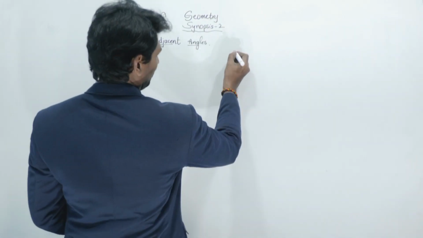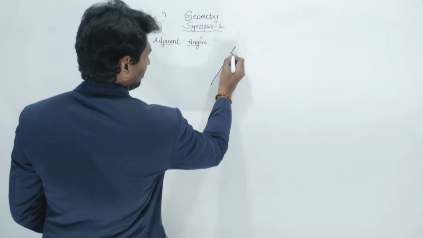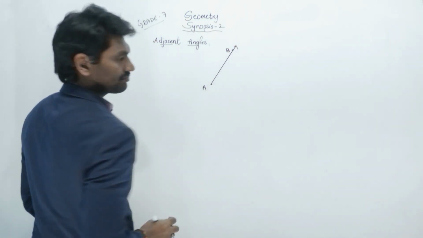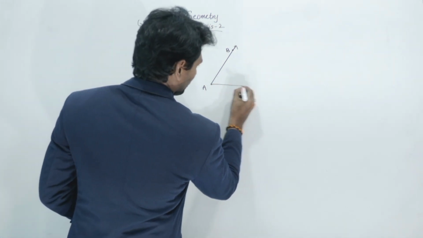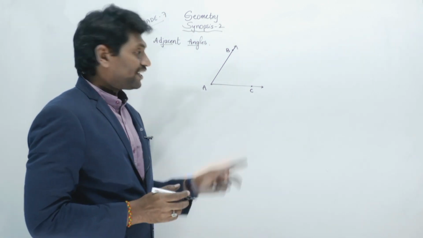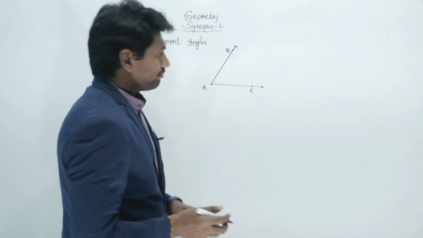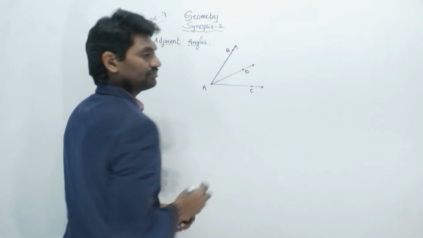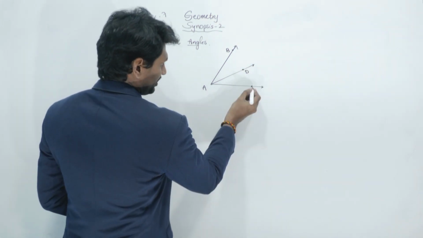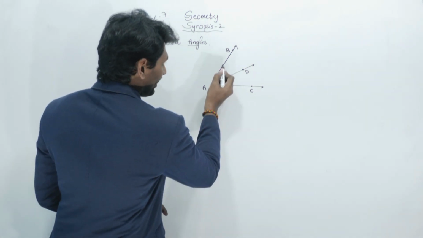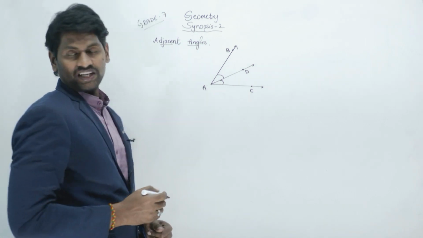Let us see that. For example, now AB, I have taken AB is a ray, AC is a ray. Here two rays at a common endpoint form an angle. But here in between one more ray will be there, AD. That means CAD forms an angle and BAD also forms an angle.